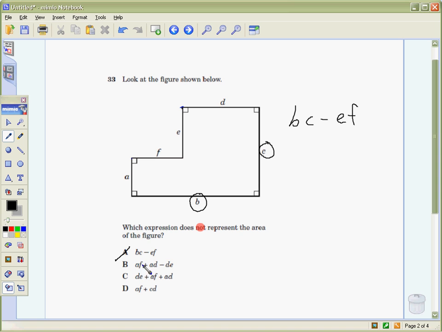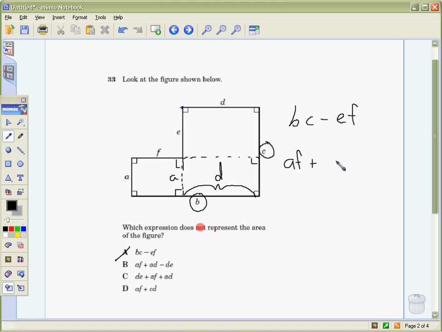Let's look at B. We have AF. A times F will give me, if I connect this like this and make this rectangle right here, this area right here. So that's AF plus AD. AD, if this is D here, then this piece from here to here is also D. So A times D is going to give me, if this is A, then this is A here, this rectangle right here.